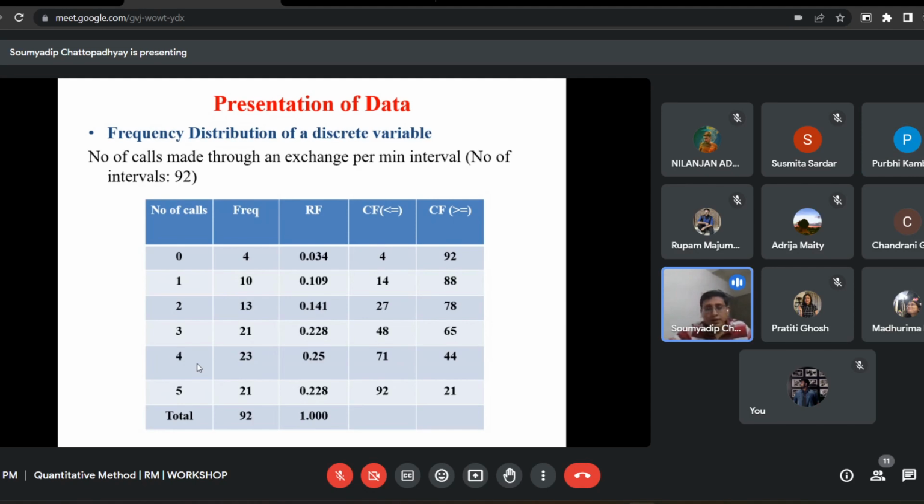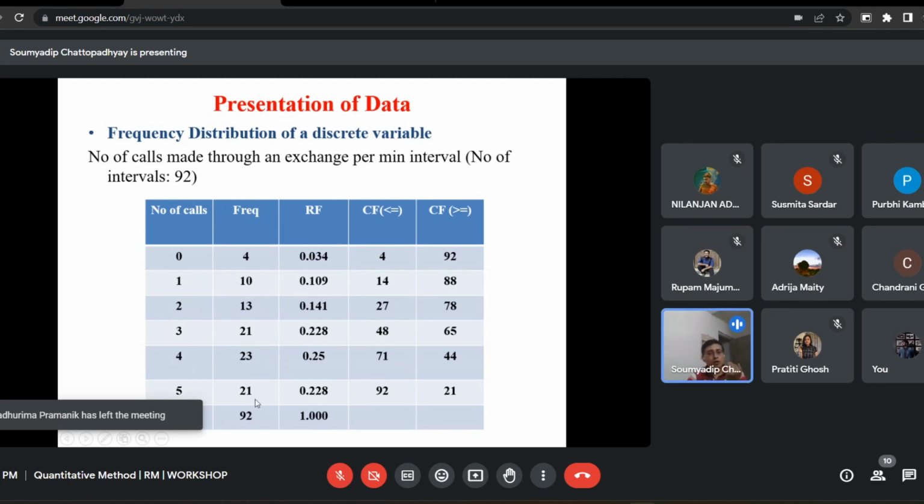What I'm trying to say is that this is a discrete variable. What is a discrete variable? Here we are considering the number of calls which are made in a one minute interval. So we are considering 92 such one minute intervals. What is the interpretation of the third column? Out of 92 one minute intervals, there are 13 such intervals in which 2 calls are made.